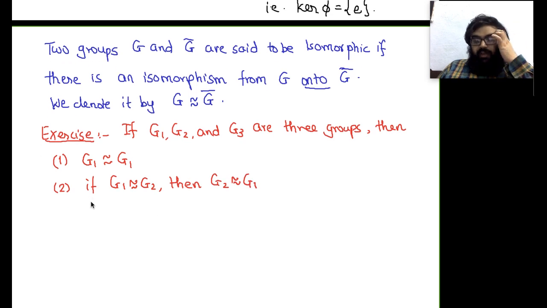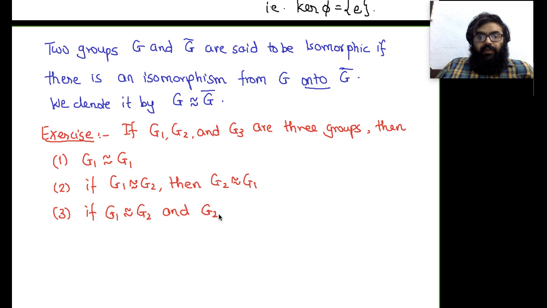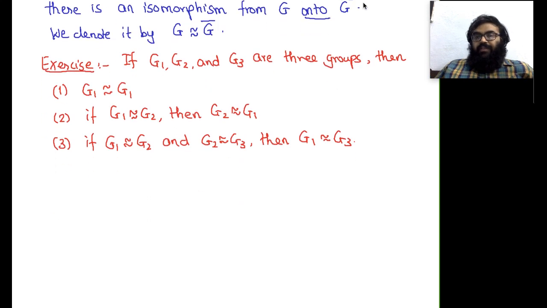So this is symmetric. And third is transitivity. So if G1 is isomorphic to G2 and G2 is isomorphic to G3, then G1 is isomorphic to G3. Right, so this one was the exercise given to you.